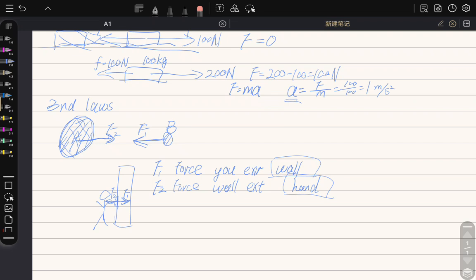And obviously, the Moon also exerts a force on the Earth, which we call force 2. The two forces are equal but opposite. So they undergo Newton's third law.